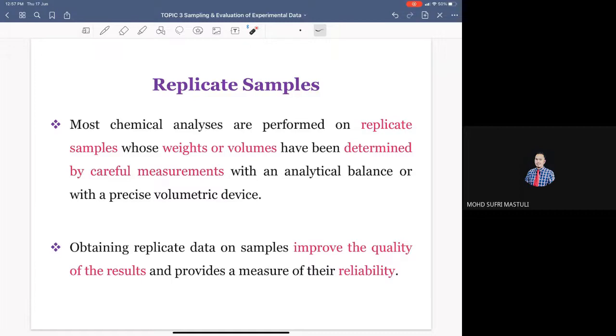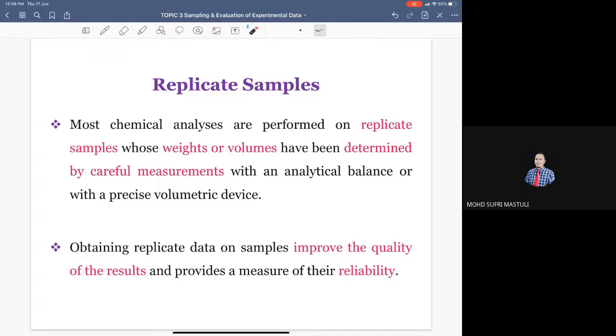Then the sample that we prepared and reduced, we put in sample storage, followed by replicates of the samples. What is the purpose of replication? Because replicating the number of samples will increase the accuracy of the results.